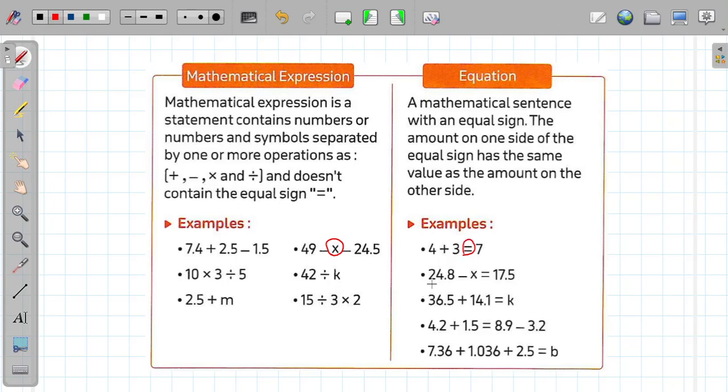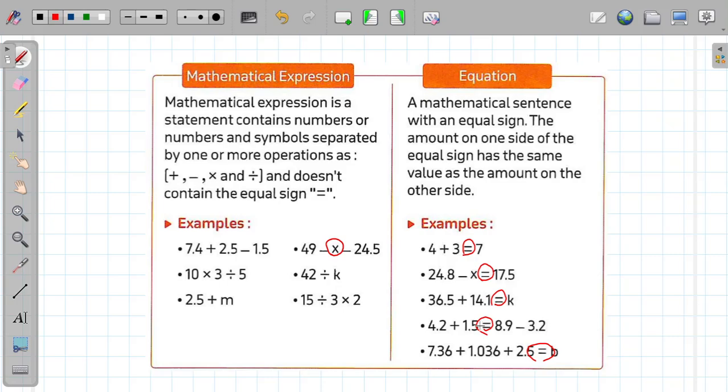I have here 24.8 minus x equals 17.5. This is an equation because I have an equal sign, a variable, and numbers. All of these are equations, because I have an equal sign in each one of them. So this is the difference between the expression and the equation.